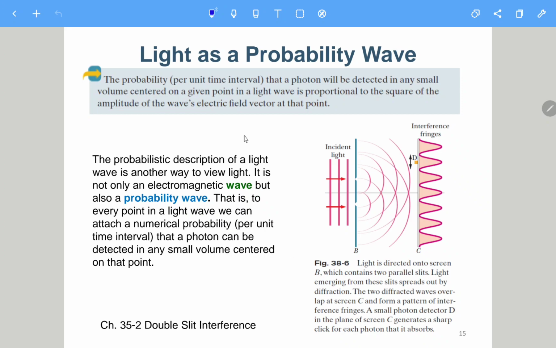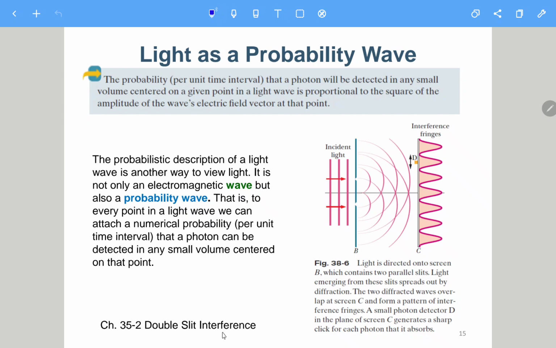The probability per unit time interval that a photon will be detected in any small volume centered on a given point in a light wave is proportional to the square of the amplitude of the wave's electric field vector at that point.